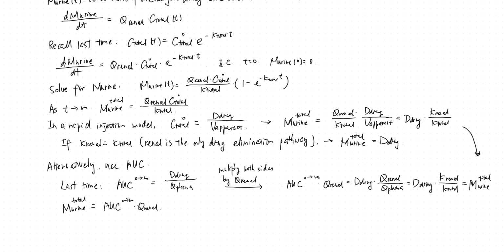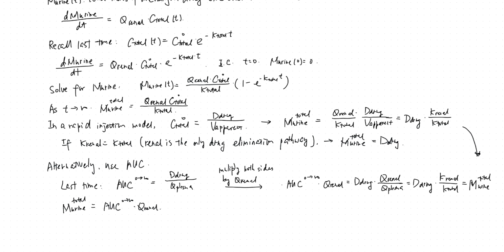This equation provides a connection between measurable quantities like the total renal excretion of the drug, renal clearance rate, and AUC. It gives you a different equation if you measure different quantities and want to estimate one of these.